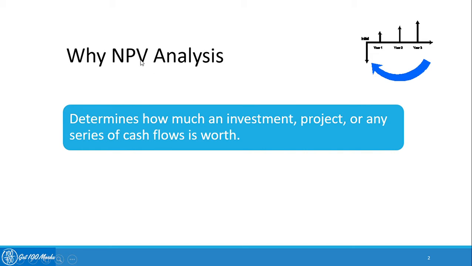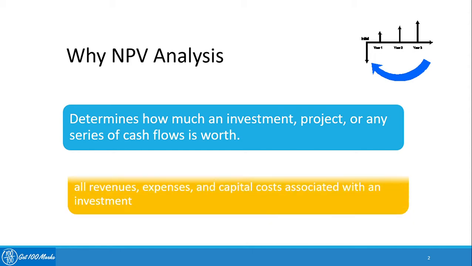Now, why NPV analysis? Because it determines how much an investment project or a series of cash flows is worth. So again, I would like you to recall what you had studied under present value, where the entire purpose of present value was to know the worth of the future cash flows in the present scenario. That's the importance of NPV too.